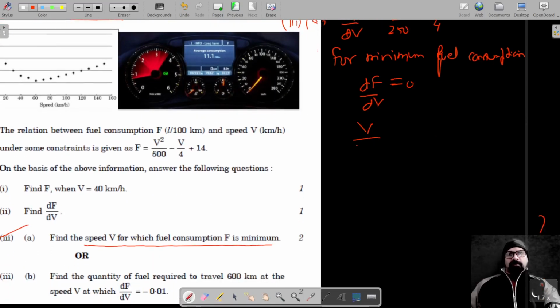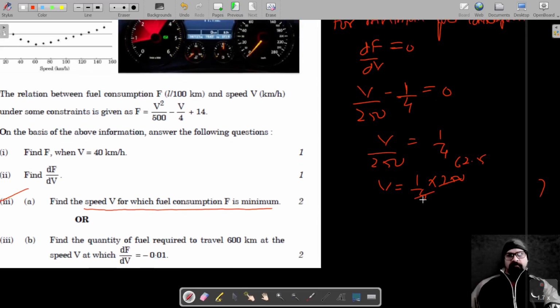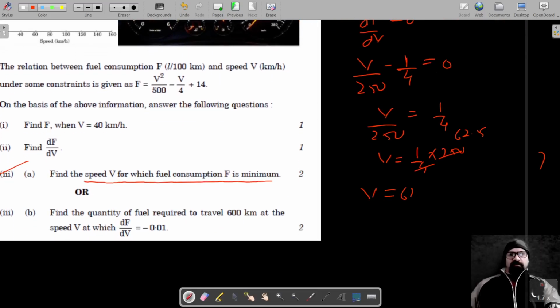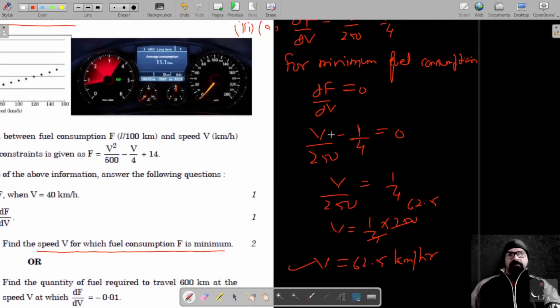So that means v upon 250 is equal to 1 by 4, so v is 1 by 4 into 250, which is 62.5. So the speed is 62.5 kilometer per hour. We have to check whether at this speed fuel consumption is minimum or not.